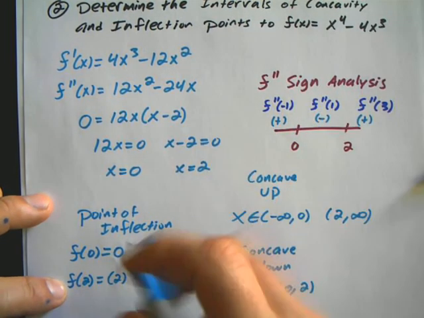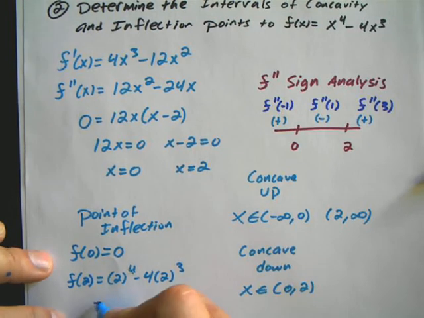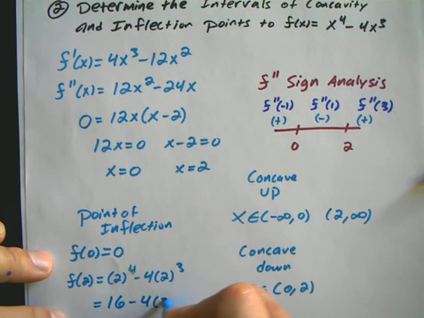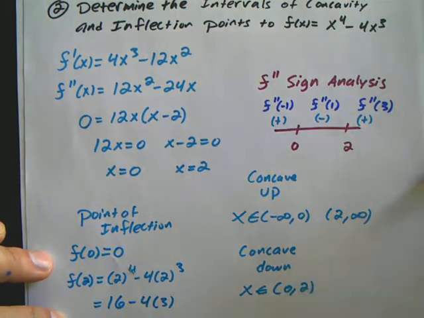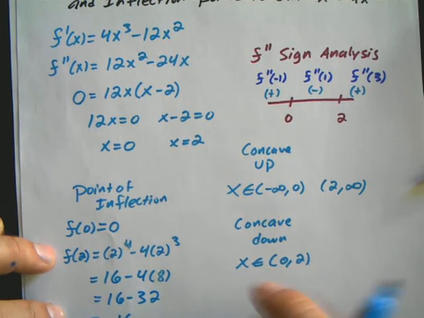And 4 times 8 is 32. It's going to be 16 minus 32, which is equal to negative 16. So my points of inflection are going to be at the points (0, 0) and (2, negative 16).